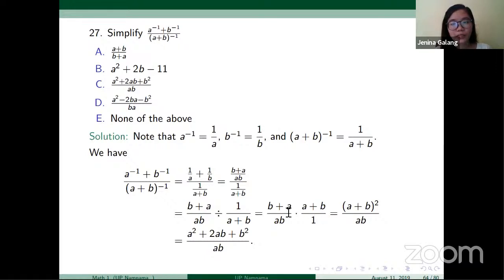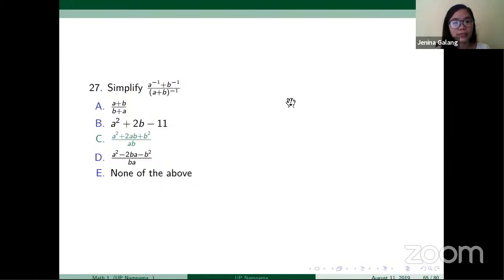So, a plus b times a plus b equals a plus b squared over ab. So, we have this a squared plus 2ab plus b squared over ab by expanding this numerator. So, letter C.